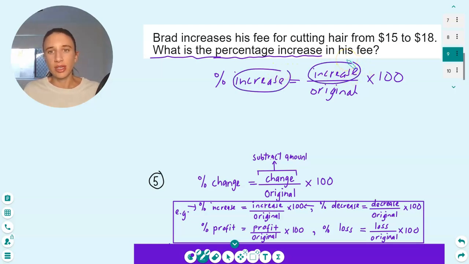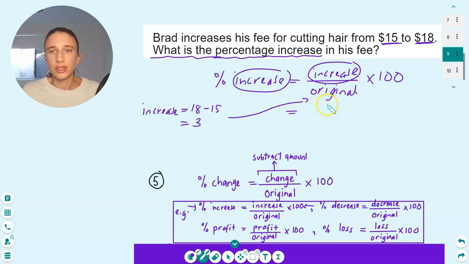Now we need to calculate that increase amount. So that's what you're going to subtract. Okay, what is the increase from 15 to 18? You can write that over here. The increase amount is 18 take 15, which is 3. And that's the amount that's going to go onto your numerator.